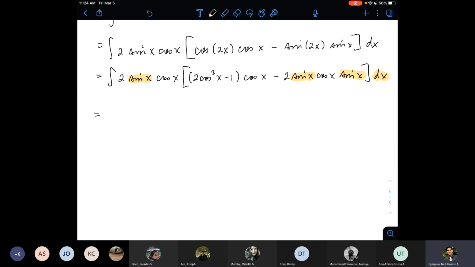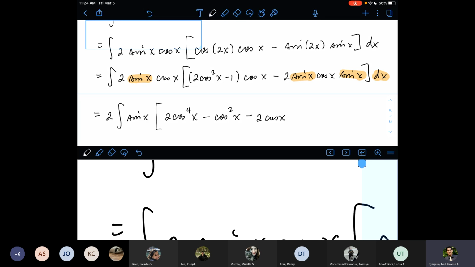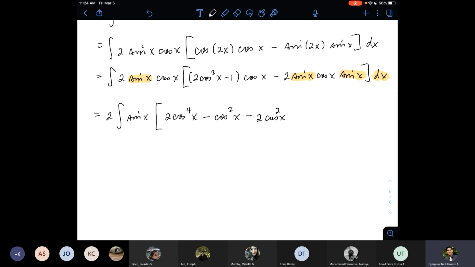So here, I'll write this as, probably I'll put the 2 out of the integral. That's a common factor. And then I'll have a sine x over here. And then I'll multiply everything by this cosine x inside. So I'll have 2 cosine to the 4th x minus cosine squared x minus 2 cosine squared x times sine squared x dx.